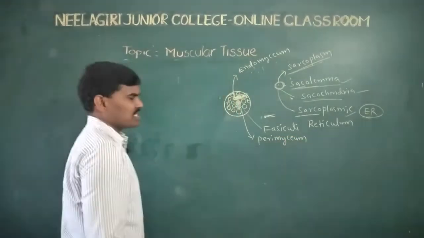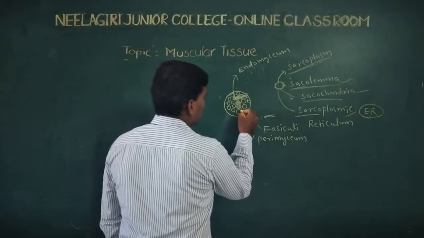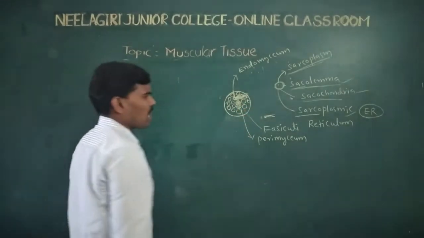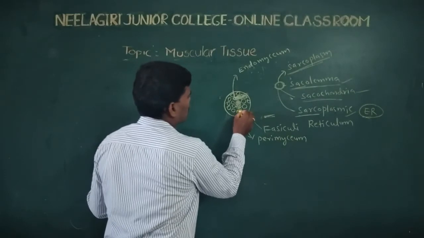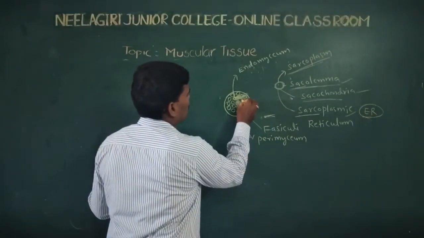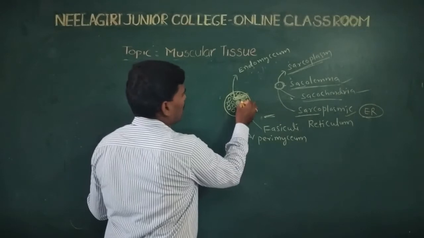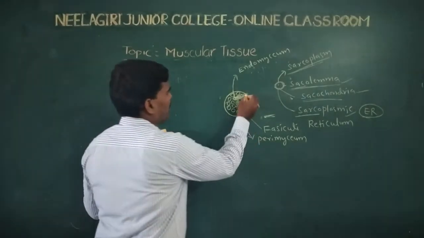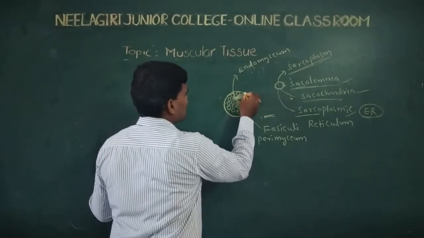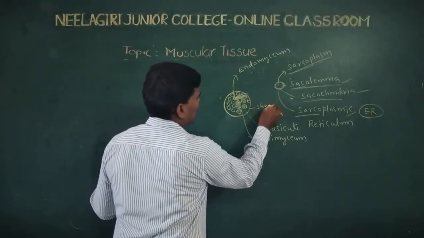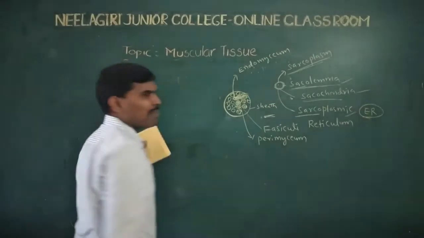So perimysium. This is a number of fasciculi: one fasciculus, another, and another. A number of fasciculi surrounded by one sheath is formed. Sheath means membrane.